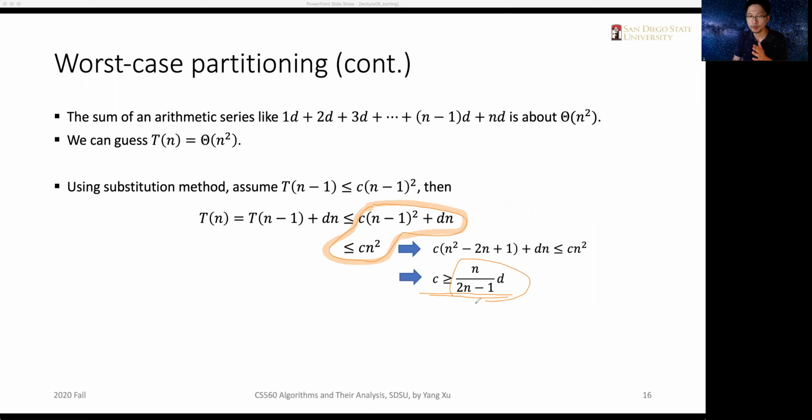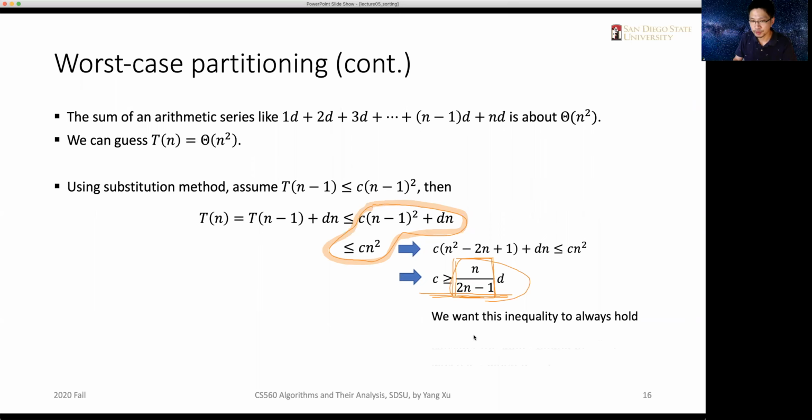Okay, but c is not fully solved yet because there's an n in it. Observing this coefficient, n over (2n-1), we know that this term has an upper bound. This one cannot be infinitely big. If we look at this function, we know that when n increases, this value will approach some limit.